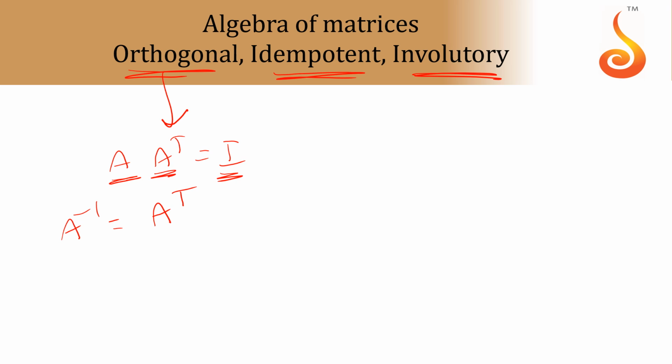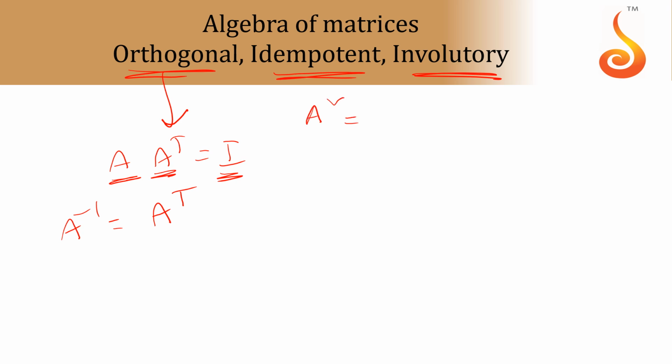Because for A into A transpose to give the identity matrix, the magnitudes must be 1 and the elements other than the principal diagonal must be zeros. So they are mutually perpendicular. That is about the orthogonal matrix.